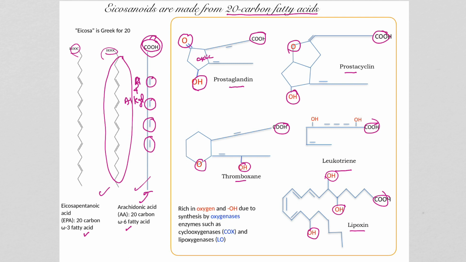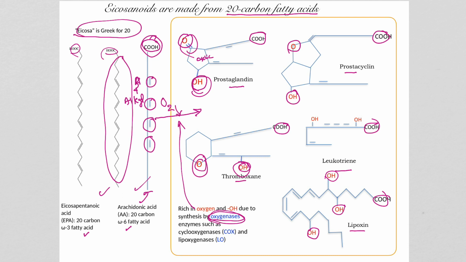This is because of the way eicosanoids are synthesized. Oh, by the way, eicosa in Greek means 20. They are synthesized using enzymes called oxygenases. These oxygenases use oxygen as a substrate, so they basically add oxygen into this alkyl part of the fatty acid.